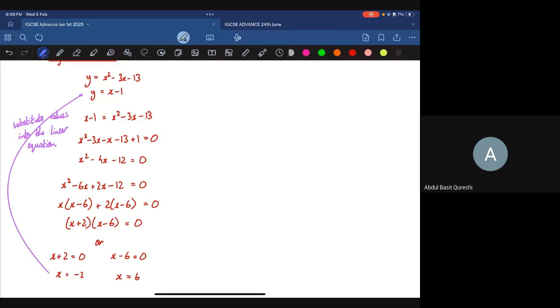What is that going to entail now? Either you're going to have y is equal to x minus 1, where x is minus 2, so it's going to be minus 2 minus 1, which is equal to minus 3. Or y is equal to 6 minus 1, which is equal to 5.